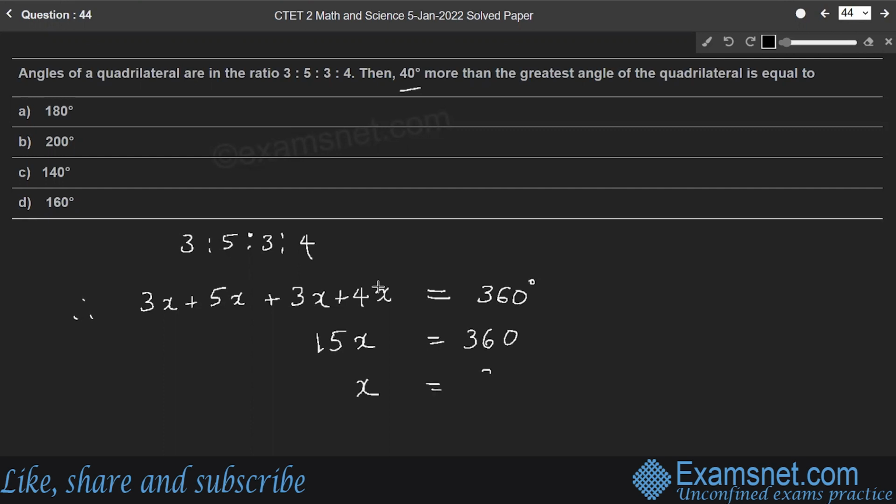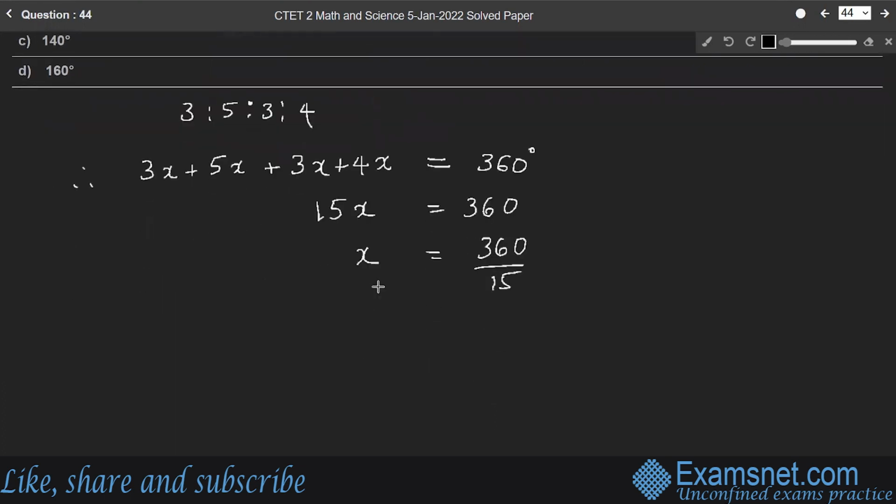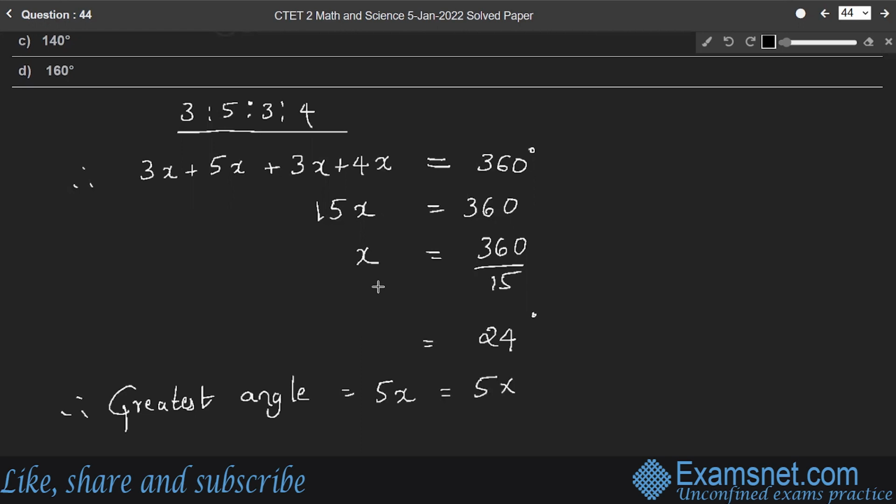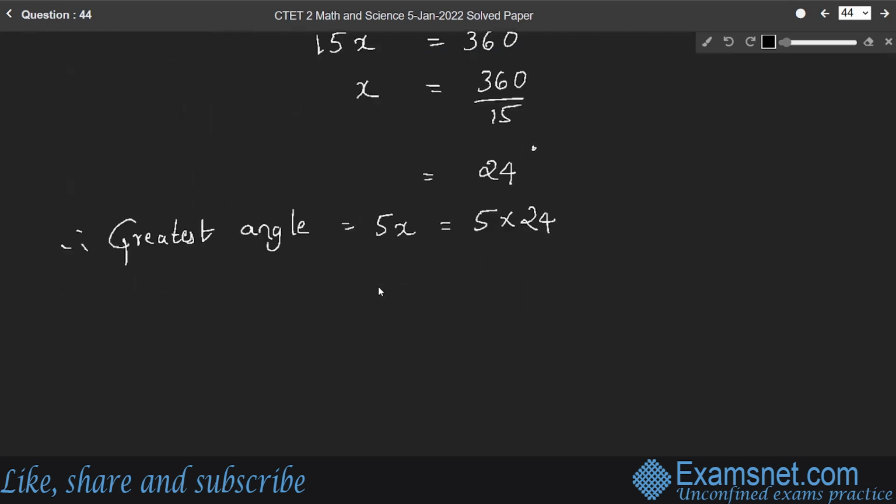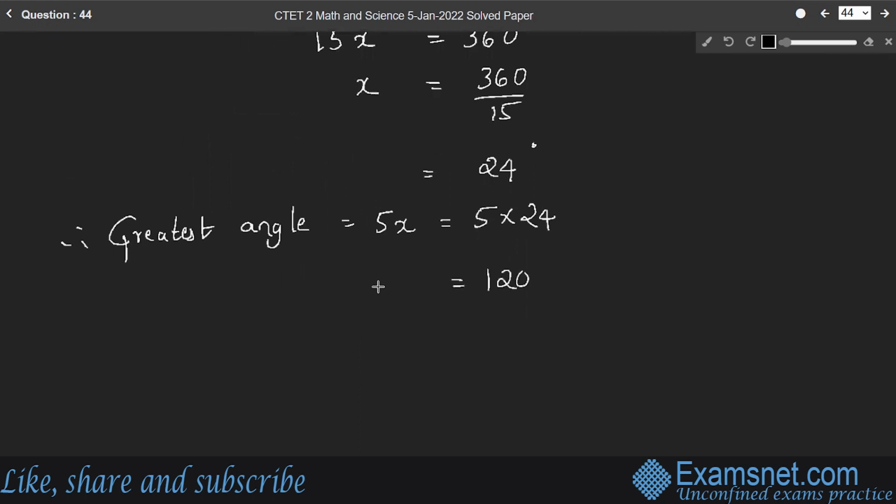Therefore, x is equal to 360 by 15, which is 24°. Therefore, greatest angle is, by seeing the ratio, 5x, which is 5 into 24, that is 120°. Greatest angle is 120°.